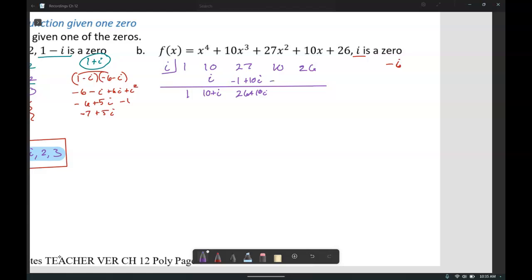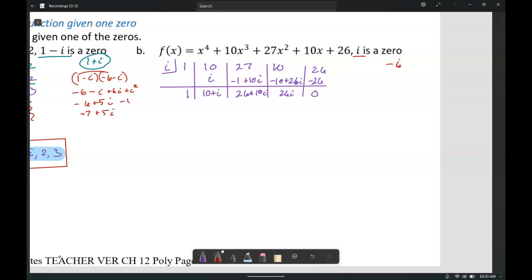We multiply. We add. And we multiply. And we get our remainder of 0. Let me move this 26 over. Keep all of these in line and separate.